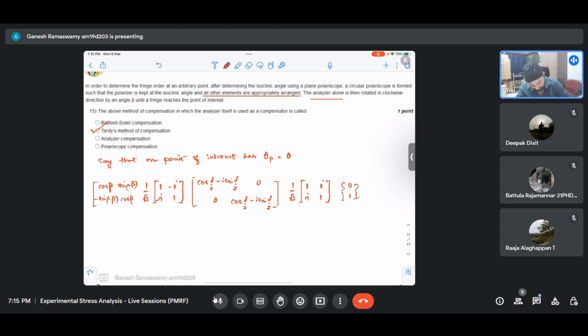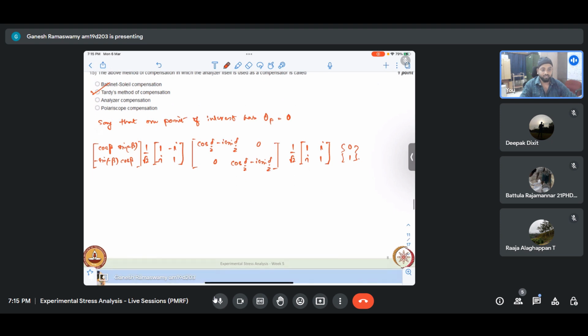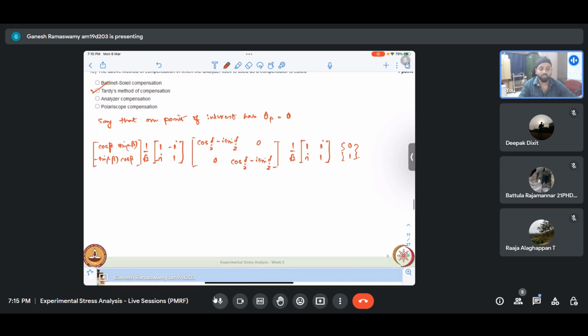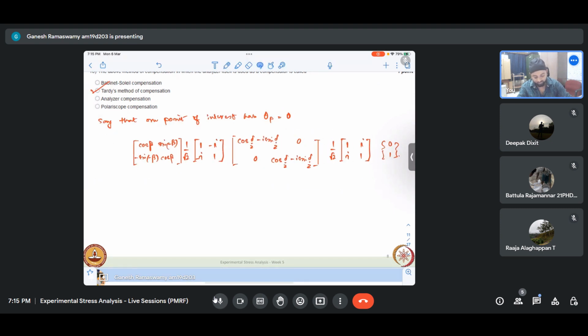Once I multiply this out, I will get an expression which will be giving me the output light, the condition for output light when the fringe order will pass. This entire thing gives me one light intensity. Now the constraint for me here is that this will give me the light vector.